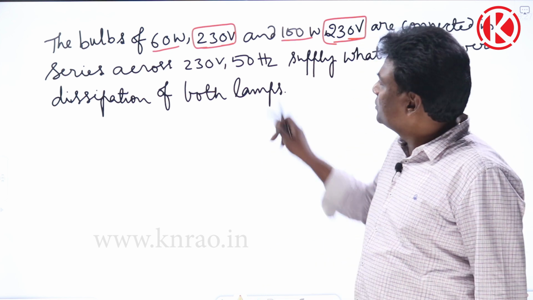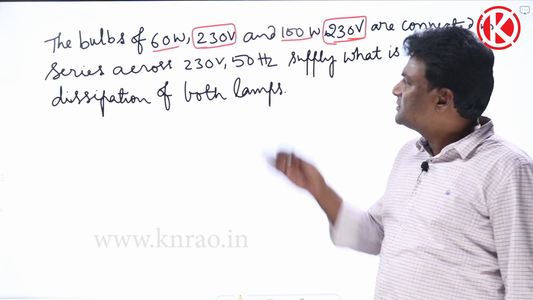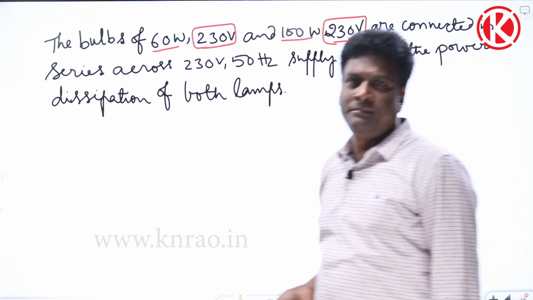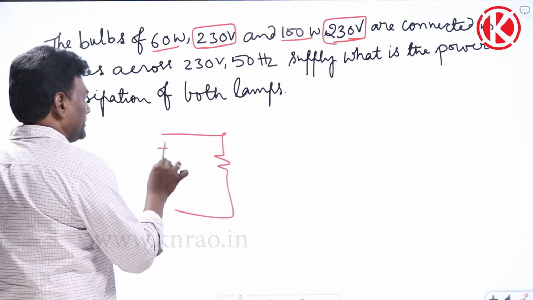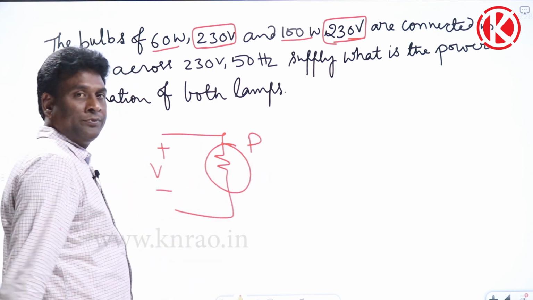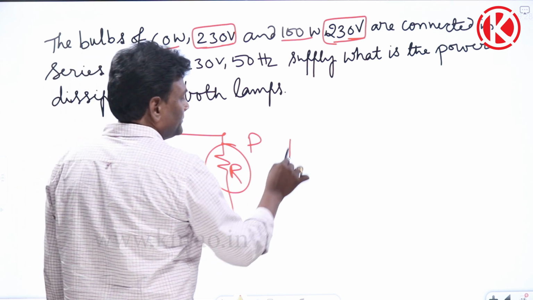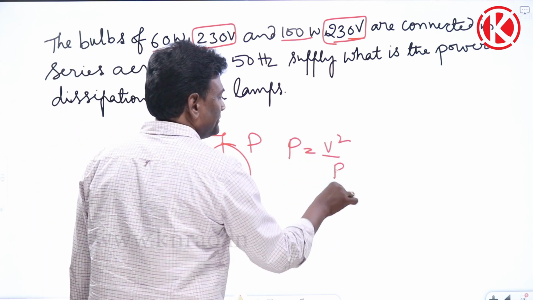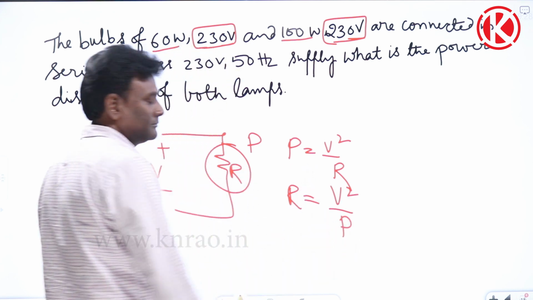So from here, let us find out the resistance, and both the resistors are connected in series. That's it. Now, for example, if I have some rated voltage V and this absorption is P, then how much is the resistance here? P equal to V square by R, right? So P equal to V square by R, or R equal to V square by P.